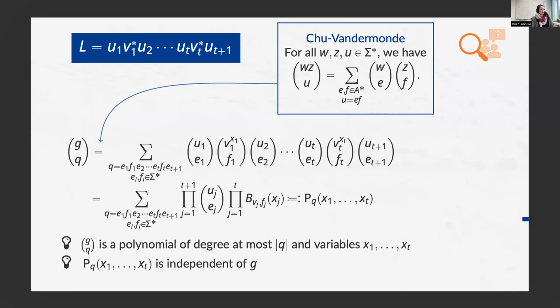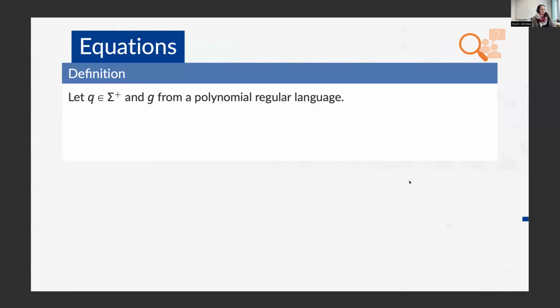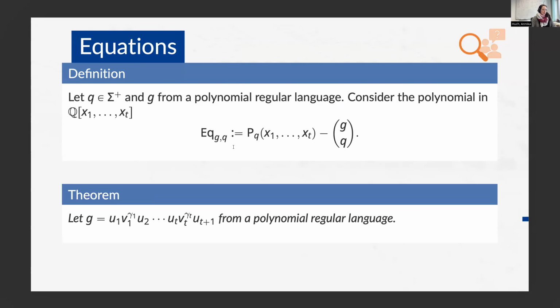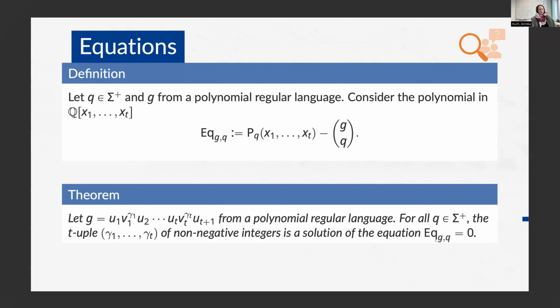Okay, so let's define this equation, which I showed you just a second ago. For this polynomial regular language, we consider this as the polynomial equation, and this really reduces our problem, because if we have a guess word from a polynomial regular language, then the tuple of those exponents is a solution for this equation if this equation is equal to 0.